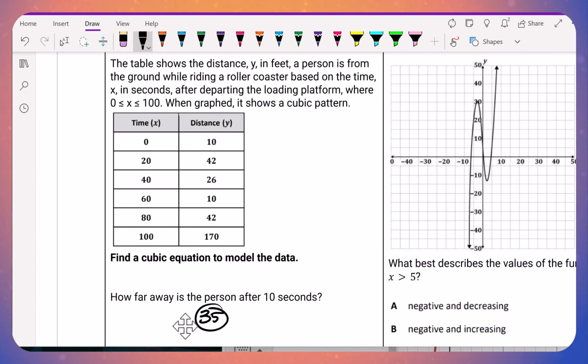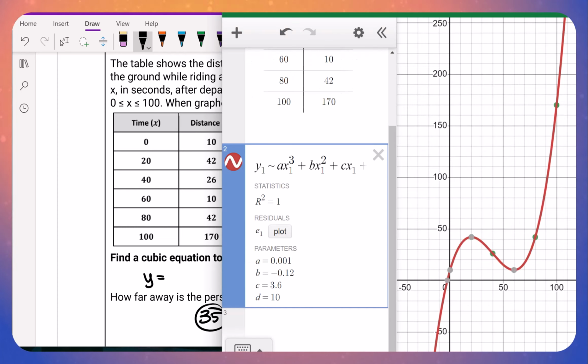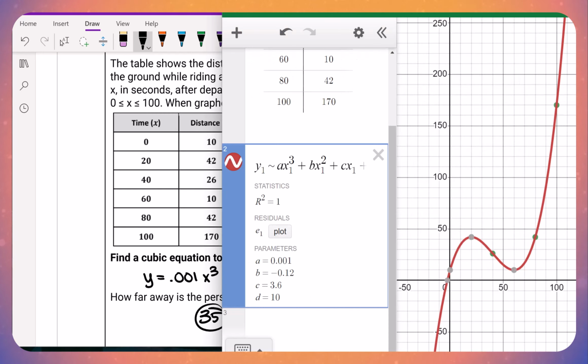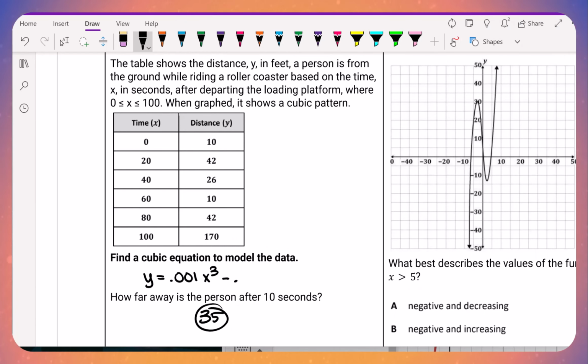And if I wanted to write this out, I'm going to do y equals, and then I have to look at all of my values over here. So that's 0.001, and then negative 0.12, 3.6, plus 10. And there's how you do your regression.